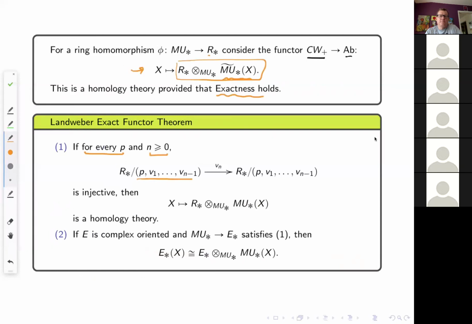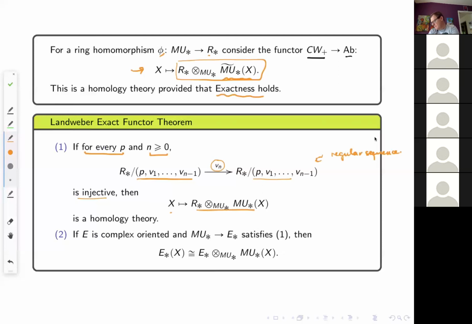You can look at the image of v_n under this map, whichever way you want to think about it, but the action of v_n on these quotients is injective. The terminology is that this is a regular sequence. If you have that, then what the theorem says is that X goes to this gadget is a homology theory, so exactness holds also.